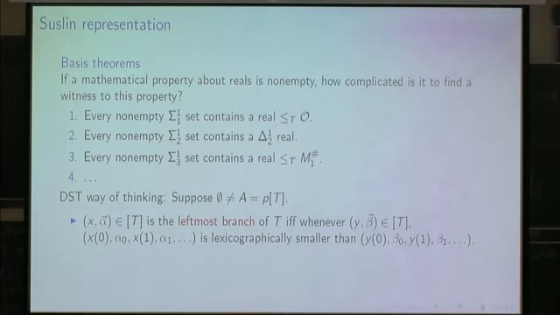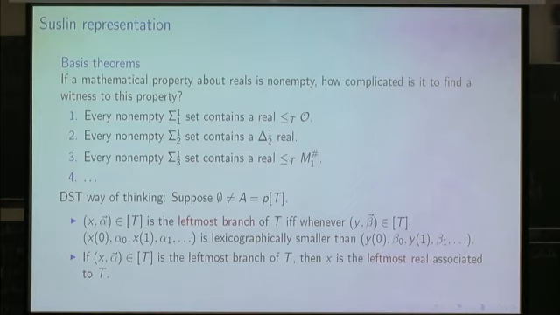We define the leftmost branch (x, alpha): for every infinite branch, the infinite string x_0 alpha_0 x_1 alpha_1 ... is lexicographically smaller than y_0 beta_0 y_1 beta_1 ..., so it's the leftmost path. It has two coordinates, and the first coordinate of the leftmost branch is called the leftmost real associated to T.